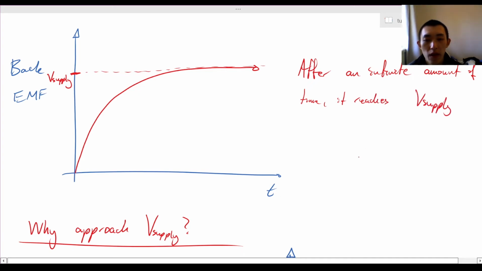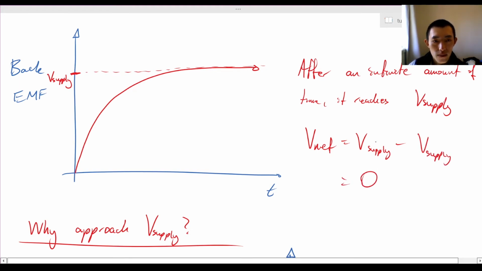Now let's have a think about this. If V net is equal to V supply minus EMF back, and your back EMF reaches V supply, what does that mean? Now it equals 0. So the net voltage is 0.